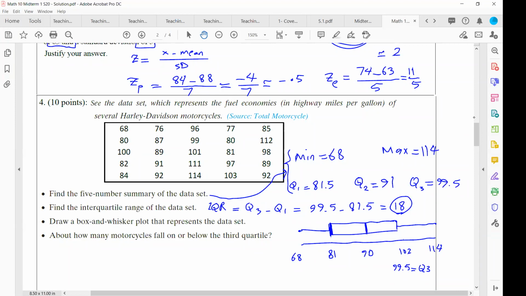Then you can subtract these, because you know how many data you have in your collection. 1, 2, 3, 4, 5. 1, 2, 3, 4, 5. 25 data in the collection. So how many numbers are above 99.5? So here you have 100, then 101, 111, 114, 103, and 112. 1, 2, 3, 4, 5, and 6. So 25 minus 6 is going to be 19.